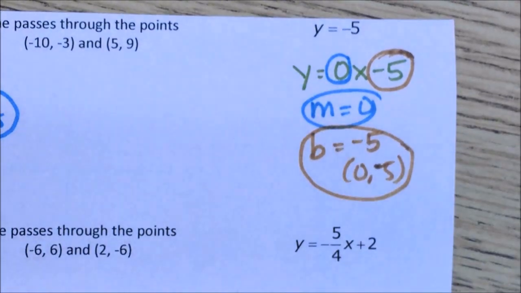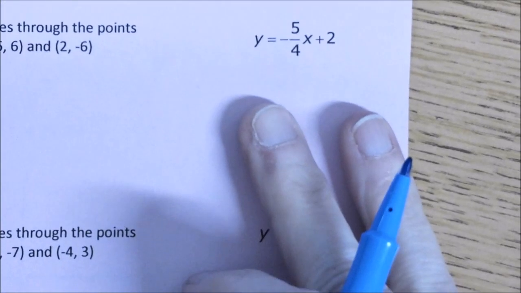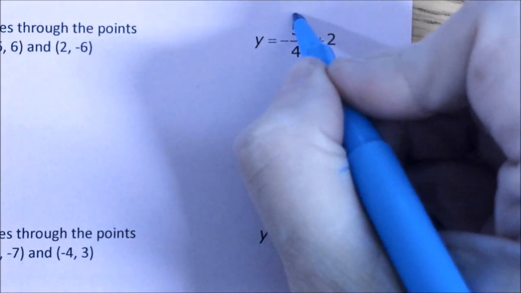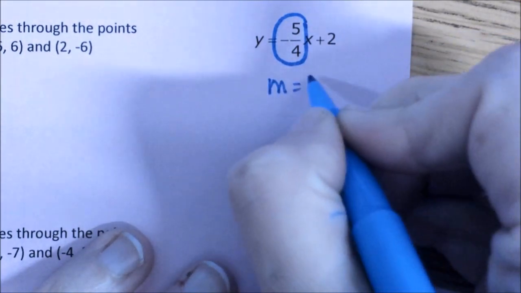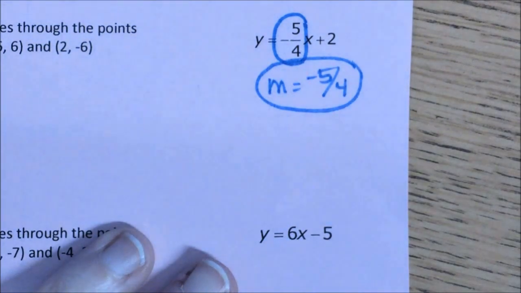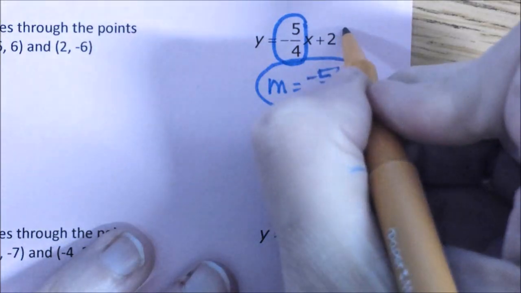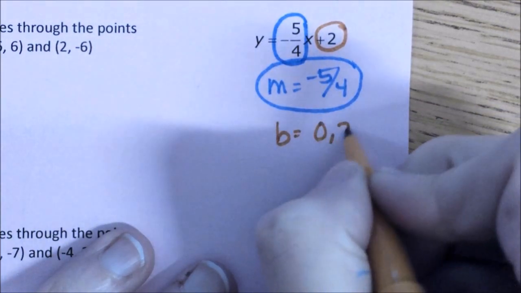Okay, let's look at this next one. Okay, we have y equals negative 5/4 x plus 2. So whatever's in front of the x is my slope. So that means my slope is negative 5/4. Okay, my y-intercept is my constant, or the number that's by itself. That means my b is 0, 2.